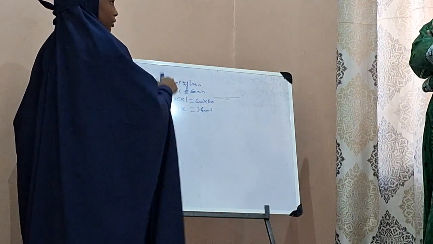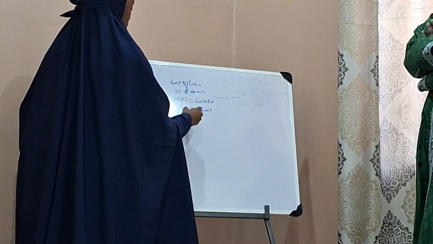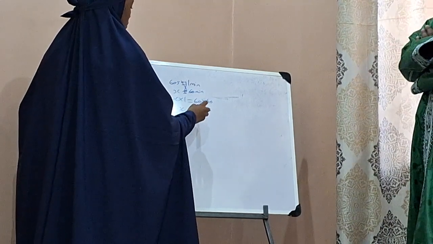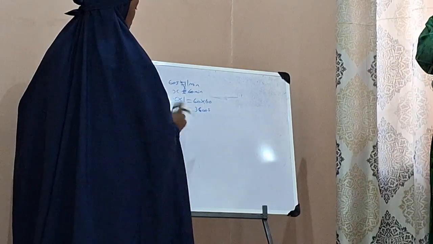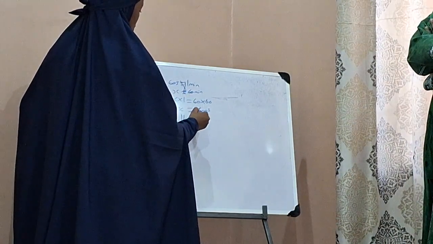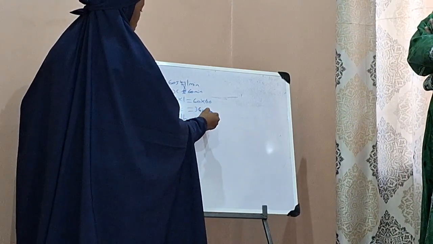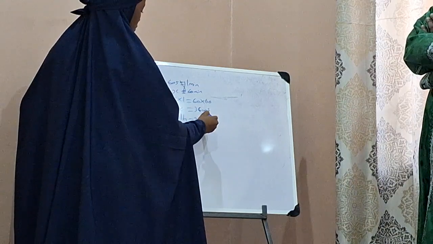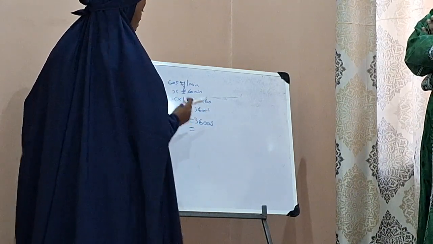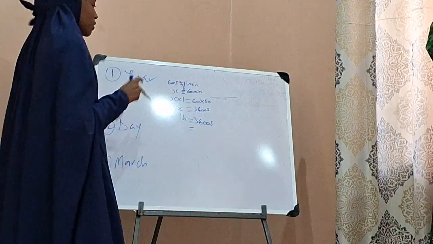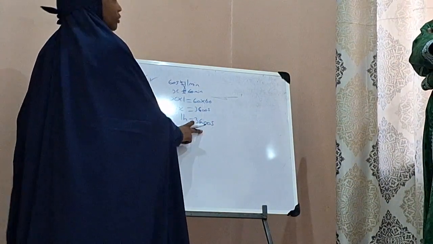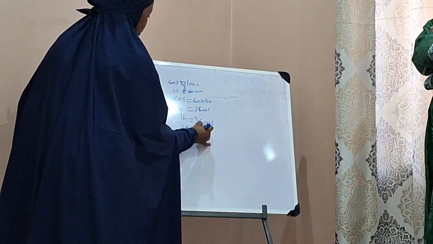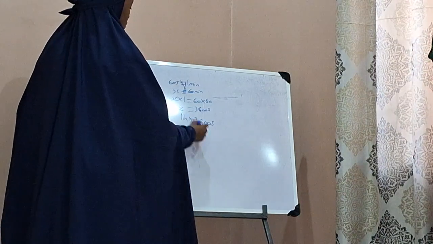So in a day there are 24 hours. How many seconds are there in that case? Since 1 hour equals 3600 seconds, and there are 24 hours in a day, we do not know how many seconds are in 24 hours. So X, cross multiply.